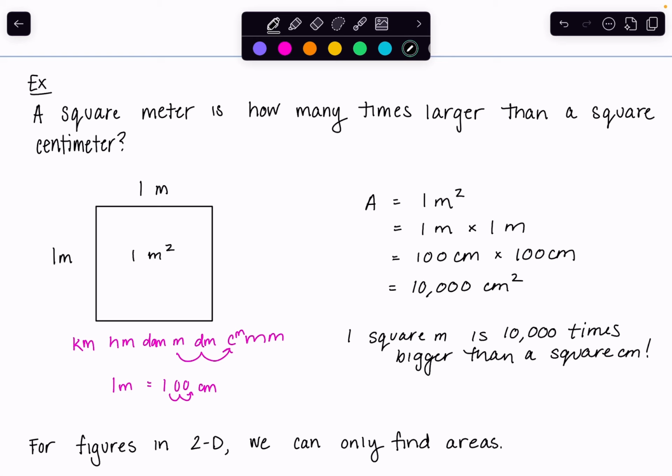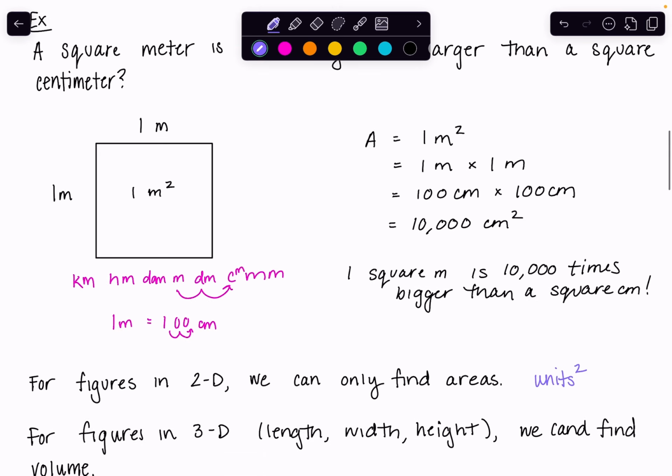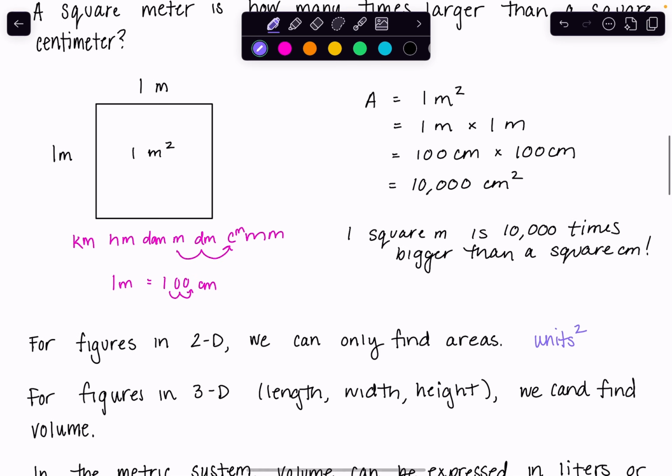So when we're working in two-dimensional shapes, you're only going to find area, and these are always going to be measured in units to the second. Okay, length is units to the first. The second you bump it up to 3D, so you're finding how much space something is taking up, that's going to be volume.